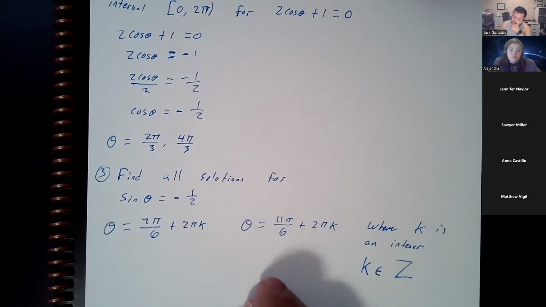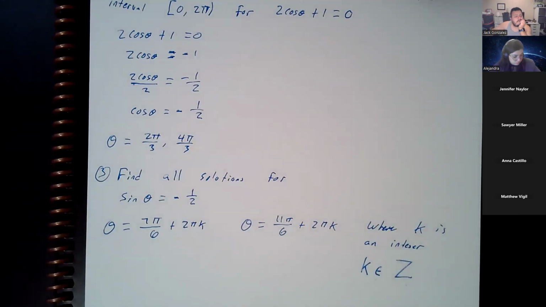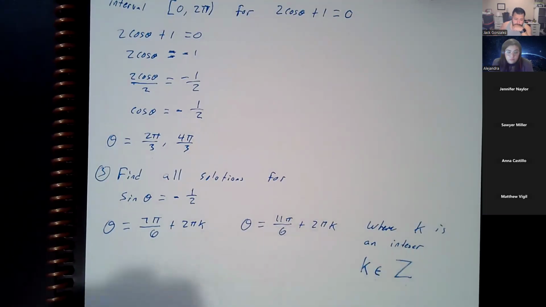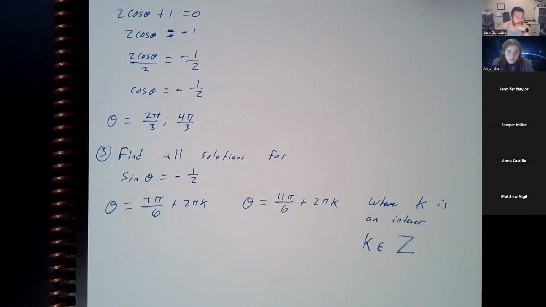I mean, you should. It's either or both. I think in the homework they might put an "or" in there for you. I don't remember how they write it. But there's two infinite sets of answers, right? This one or this one, because they're periodic.